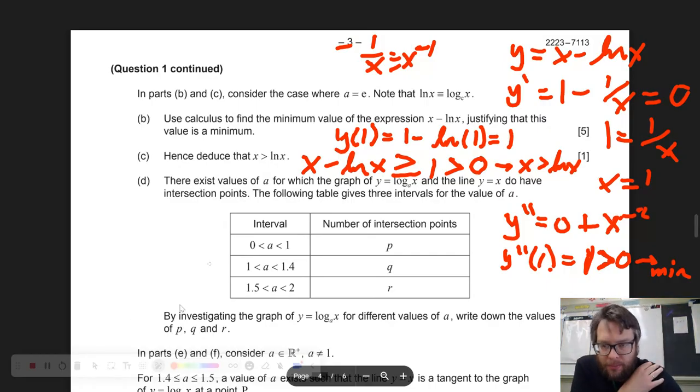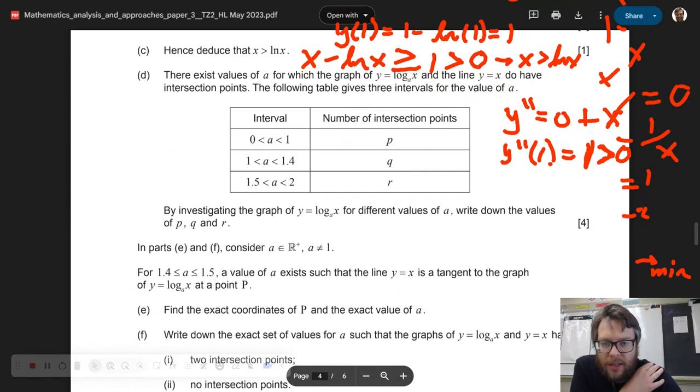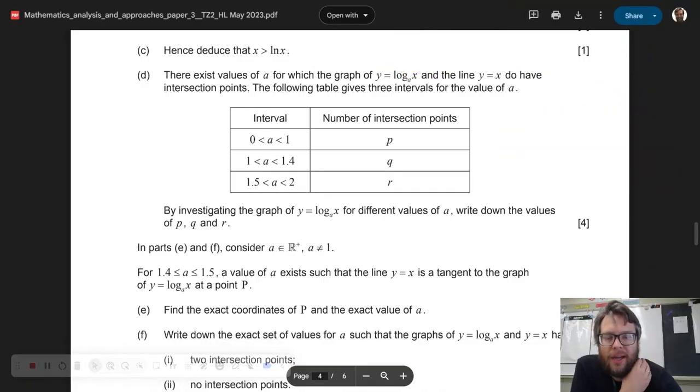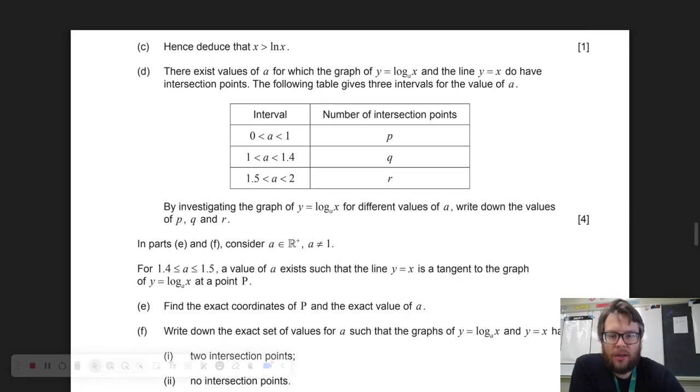Okay, now we're done with parts B and C. Part D. There exist values of a for which log base a of x and x do have intersection points. Then the following table gives 3 intervals for the value of a: P, Q, and R, and we're going to try different a values in those intervals. We'll try an a value between 0 and 1, so let's try 0.8.